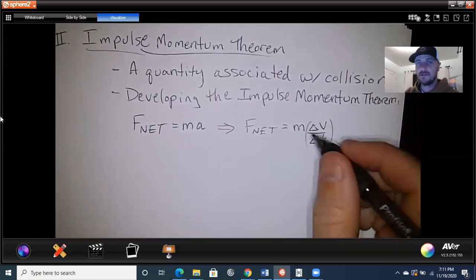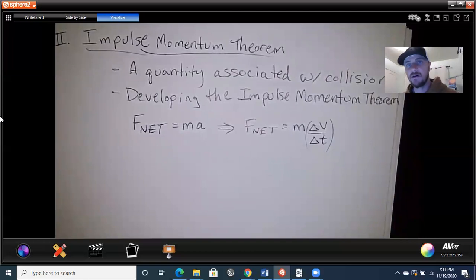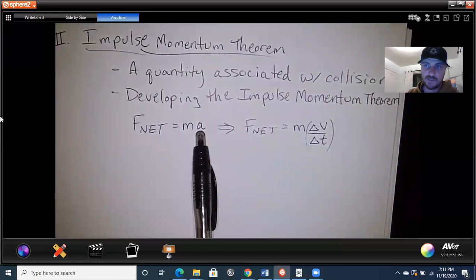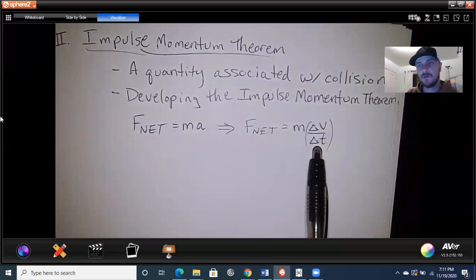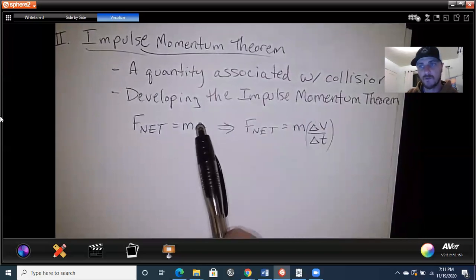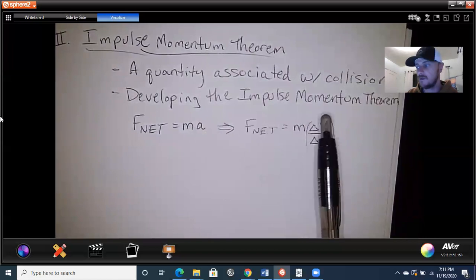What is that? Well, if you go back to the very beginning of physics in your notebook, you'll see that the very definition of acceleration is a change in velocity with respect to a change in time. So this is just the definition of acceleration, so I plugged it in for acceleration.